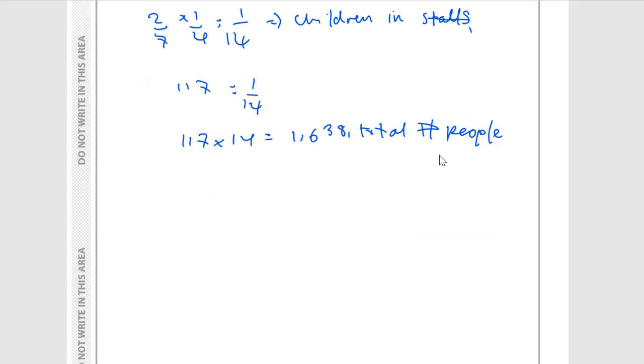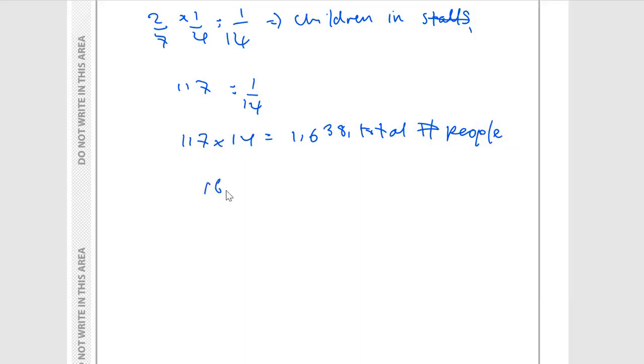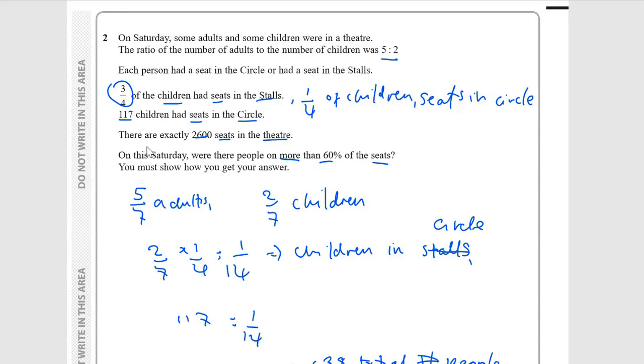And we know that 1,638 divided by 2,600 times 100 is 63%. So 63% of seats taken. So obviously 63 is greater than 60. So the answer is yes, on Saturday, more than 60% of the seats were taken.